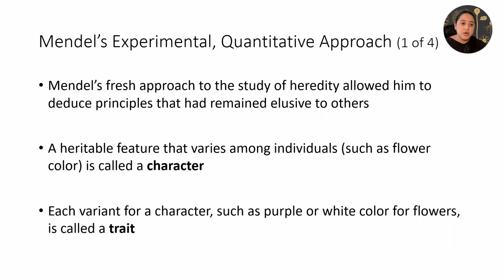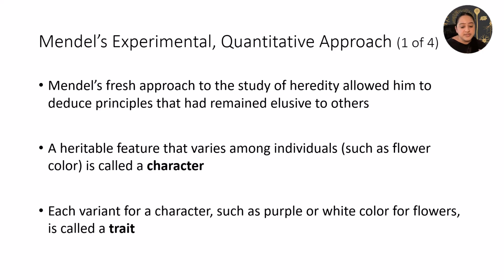Mendel's approach to the study of heredity, or how things are passed on, allowed him to deduce principles that had remained elusive to others, meaning he had a lot of patience and was able to figure out things that a lot of people couldn't figure out yet.